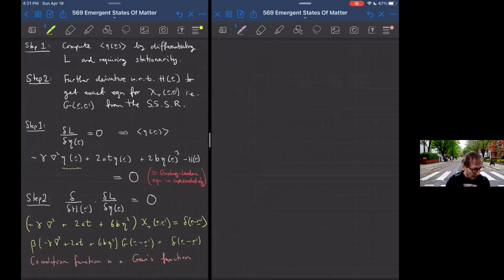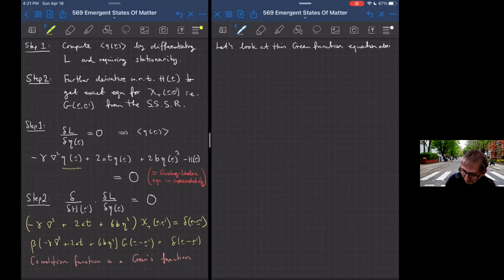So how do we use this? So now let's see what it really means. So let's now look at this equation above and below Tc.